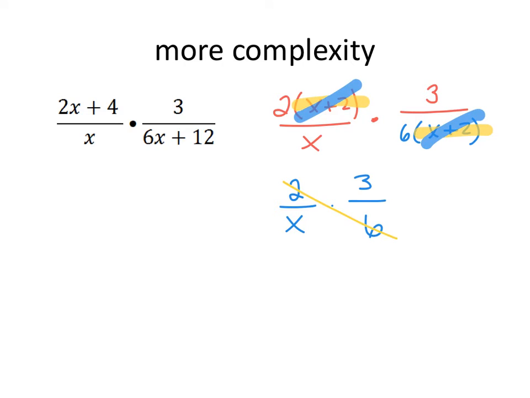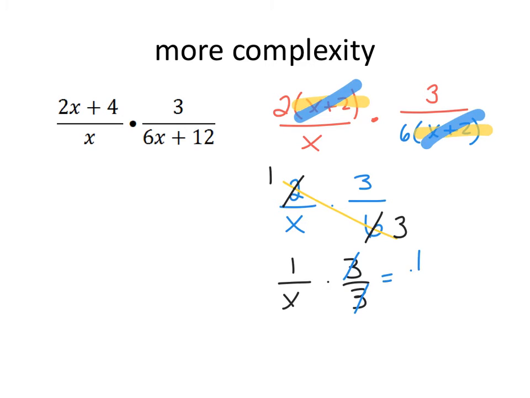If I looked at the diagonal here, the greatest common factor between 2 and 6 is 2. 2 goes into 2 one time, 2 goes into 6 3 times. Rewrite my multiplication, 1 over x times 3 over 3. Well, 3 cancels 3. It doesn't have to necessarily be cross-canceling to be able to cancel stuff out. As long as it's in the numerator and the denominator, it'll cancel out.